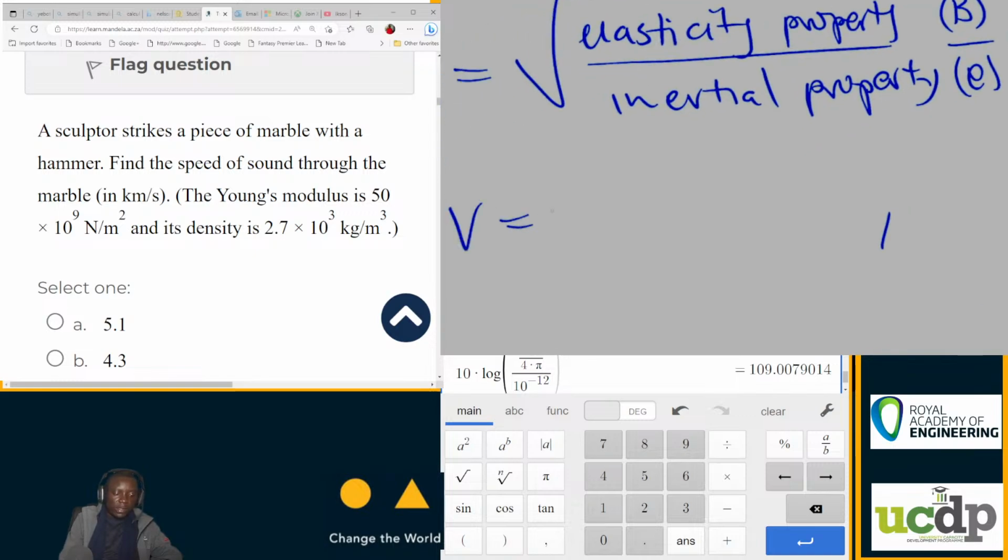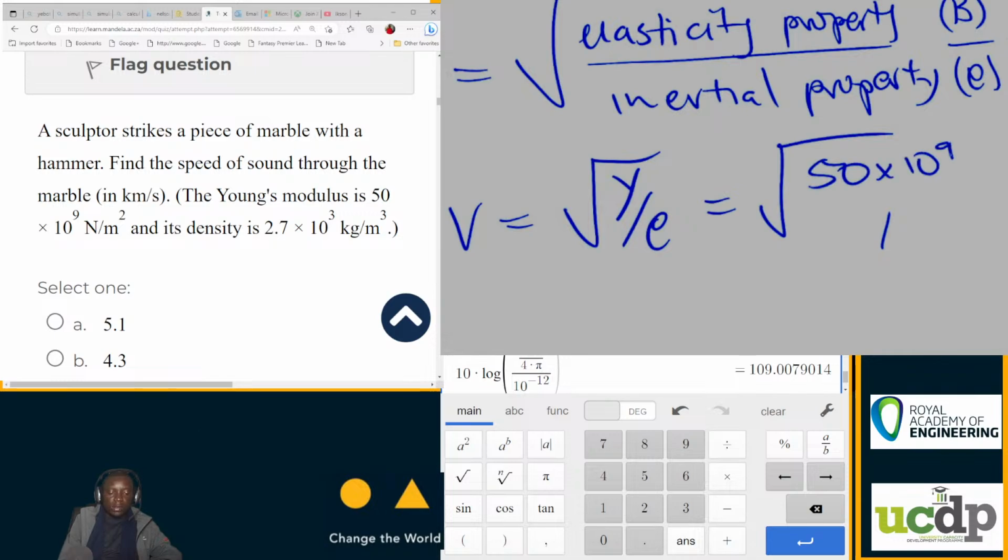So V equals the root of Young modulus over density, which is the root of 50 times 10 to the 9 newtons per meter squared over 2.7 times 10 to the 3 kgs per meter cubed.